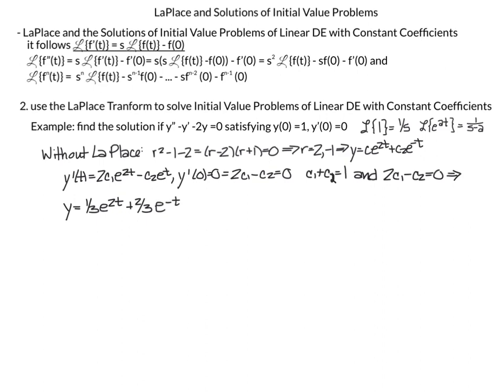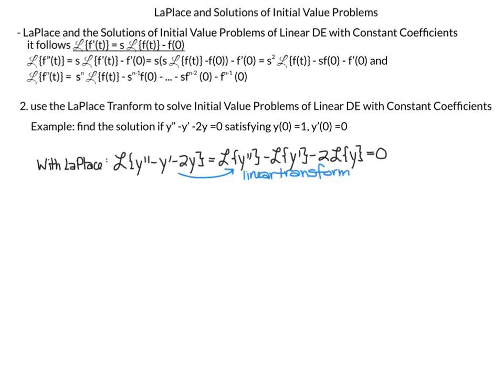And finally, these two conditions together tell us that c1 is equal to 1/3 and c2 is equal to 2/3. With the Laplace transform, and honestly, this is such an easy equation, we're not going to get a lot of benefit by doing this with the Laplace transform, but it's a good one for us to start as an example.